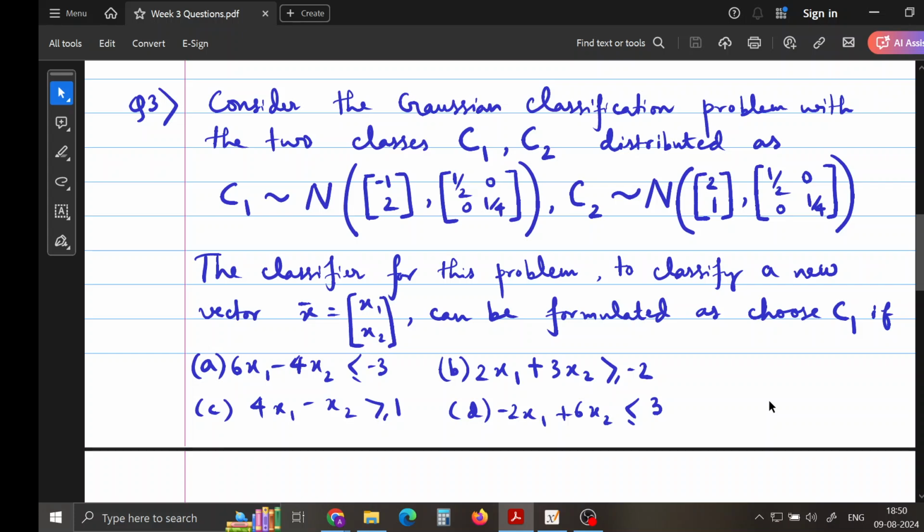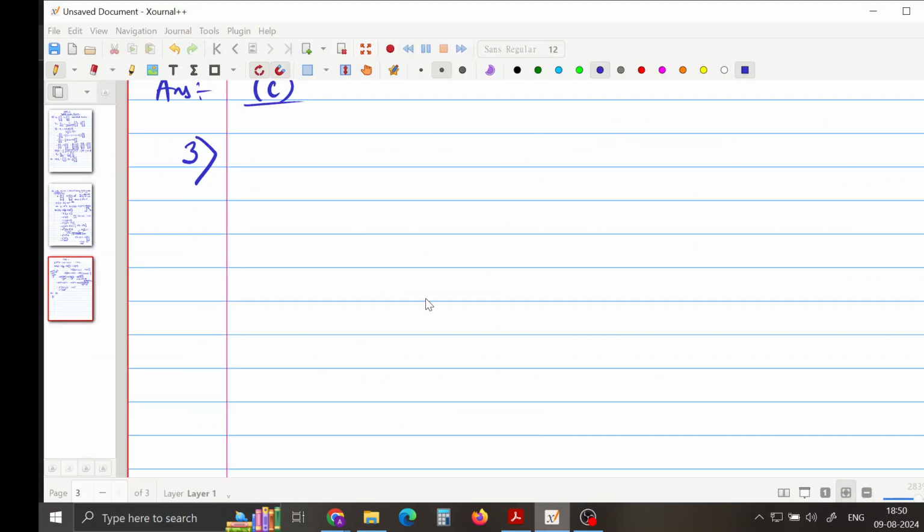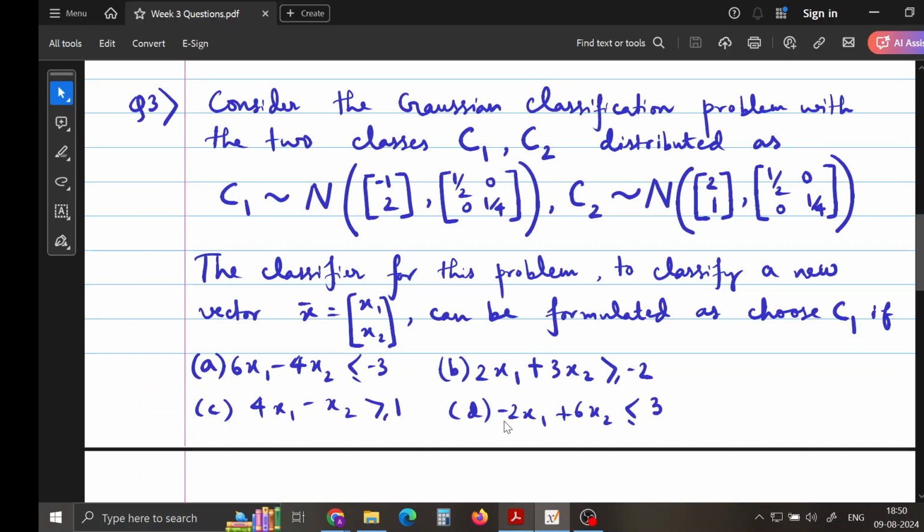So in these kind of classification problems, these Gaussian random variables play a role. So in this case also it's the same thing, right? So the distributions are given of the two classes, Gaussian classes, and in this problem what you are asked is what is the decision rule, what is the classifier. So when will I choose C1? When will I choose that X, the new vector X, belongs to the class C1? What is the condition for that?